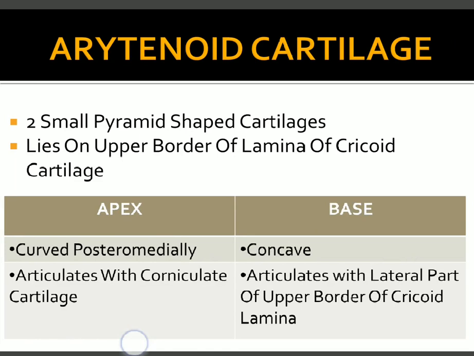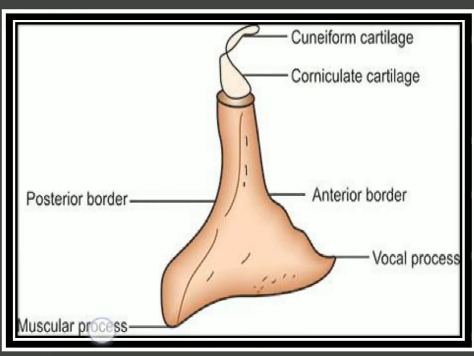There are two parts to the arytenoid cartilage, the apex and the base. As you can see here, this is the apex and this is the base. The apex is curved posteromedially. It articulates with the corniculate cartilage.